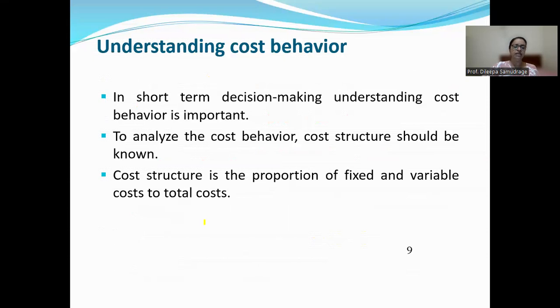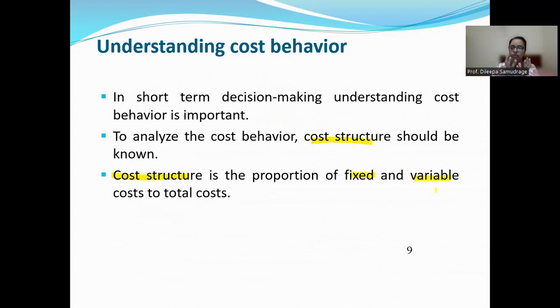Okay, so the next point is, understanding cost behavior is very important in CVP analysis, right? So what is cost behavior? Cost behavior means you should know the cost structure. In CVP analysis, the cost structure is very easy. You can divide your total cost only into fixed and variable portions, right?